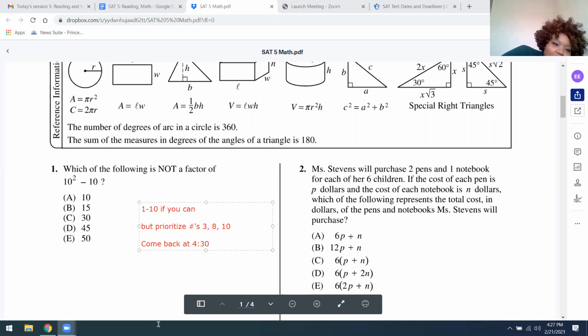Sorry, I forgot to mention you can use a calculator on this if you're trying to stay within the rules and everything.